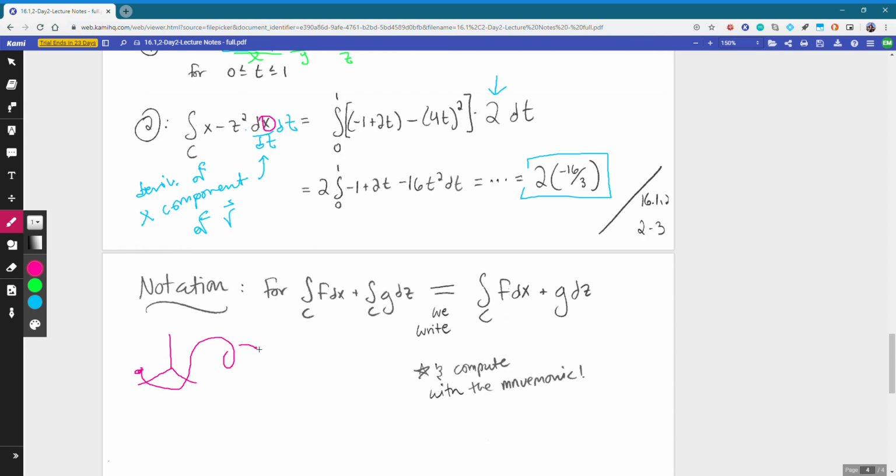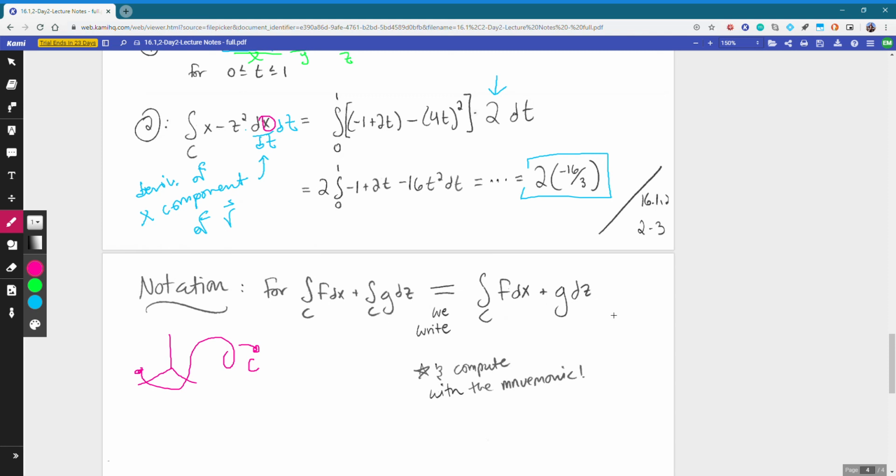There's our C. And we have some function information f and some function information g, and we're computing these projected line integrals and adding them up. As a shorthand, since we're using the same curve, we take these integrals and pull them out to the left, and we just write it once. So we would write this as the integral over C of f dx plus g dz.